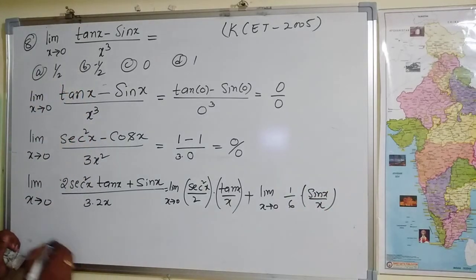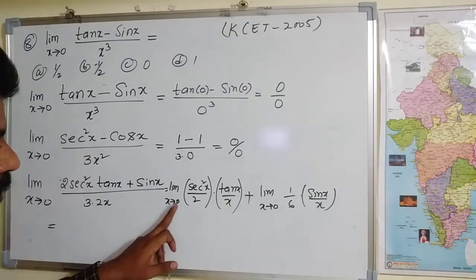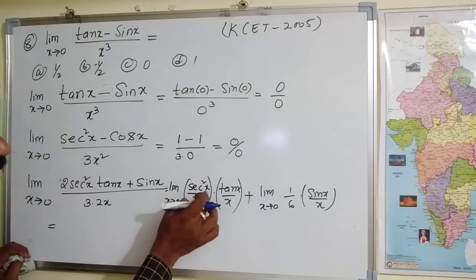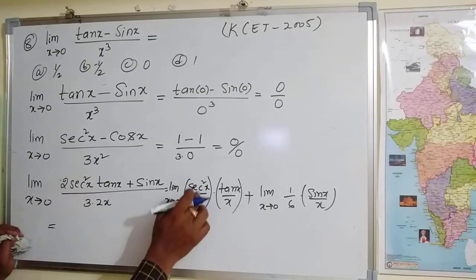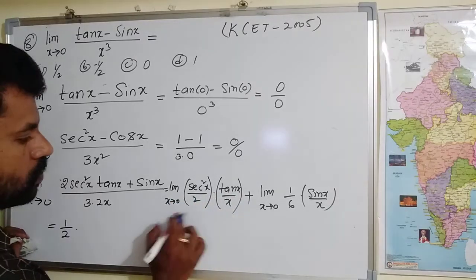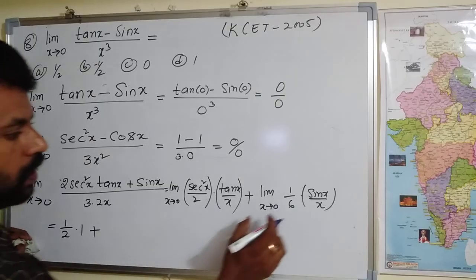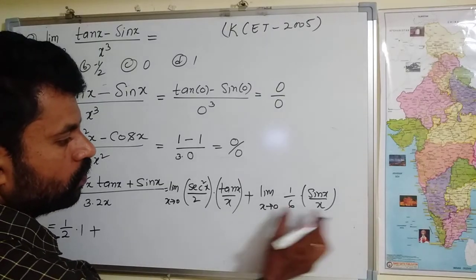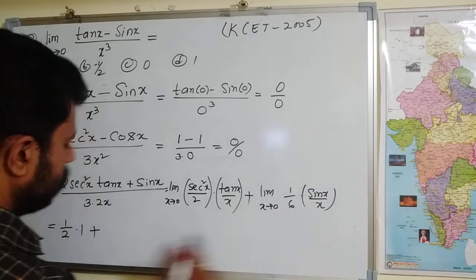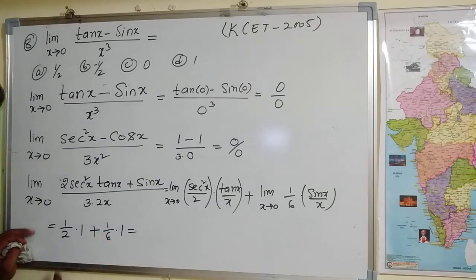Now substitute 0 in the place of x. Secant of 0 is 1, 1 square is 1, divided by 2. So 1 by 2 into this result, limit x tends to 0, tan x by x value is 1, into 1 plus, as x approaches 0, this whole term becomes 1, into 1 by 6. 1 by 2 into 1 is 1 by 2, and 1 by 6 into 1 is 1 by 6.